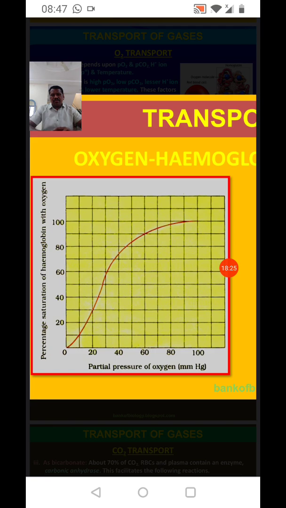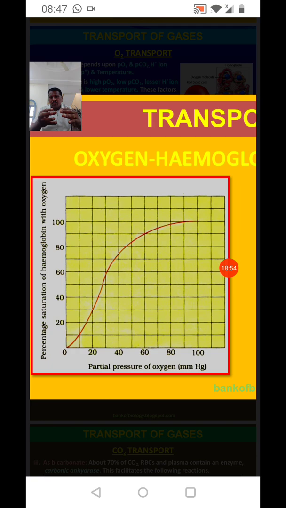Okay, but at the tissues, there is low partial pressure of oxygen, high partial pressure of carbon dioxide, high temperature, high pH. Due to these conditions, what happens? Oxyhemoglobin dissociates into hemoglobin and oxygen. Oxyhemoglobin is dissociating means, what does that mean?